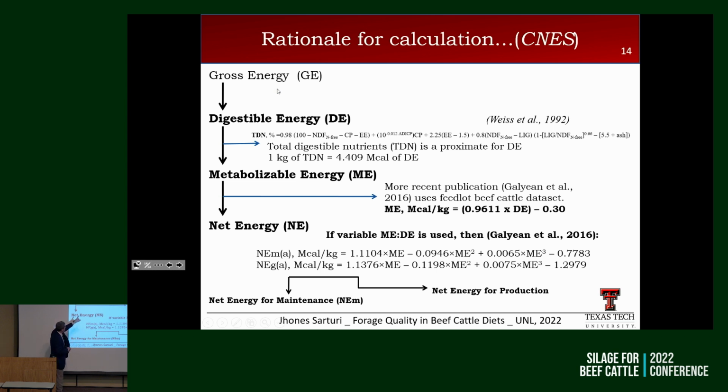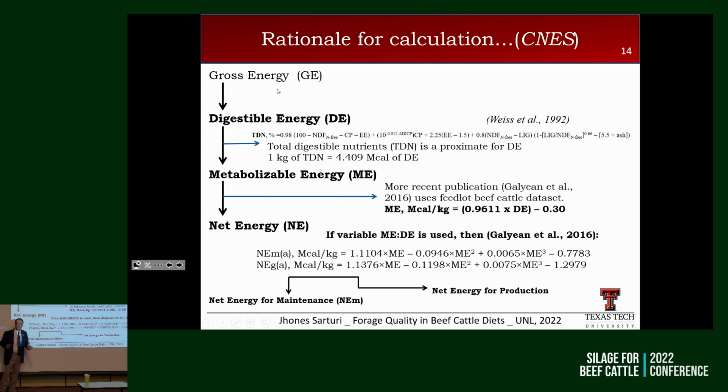Before I change anything, from that TDN I can estimate metabolizable energy using my colleague Dr. Galyean's publication, 2016. It is included in the amendment of the National Academies of Sciences in 2016, the new Green Book, right? So I used his equations to estimate metabolizable energy. And then, of course, if I'm using this variable metabolizable energy, I have to use their equations for the estimation of net energy for maintenance and net energy for gain.